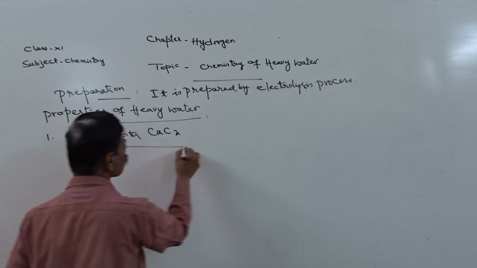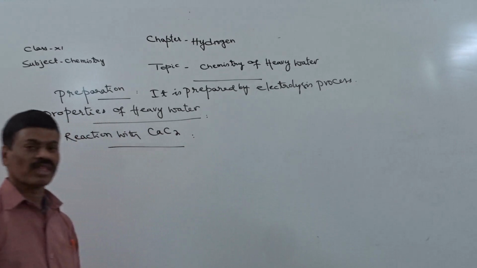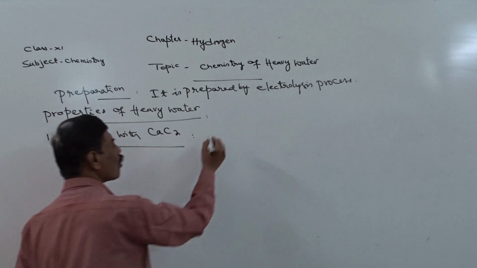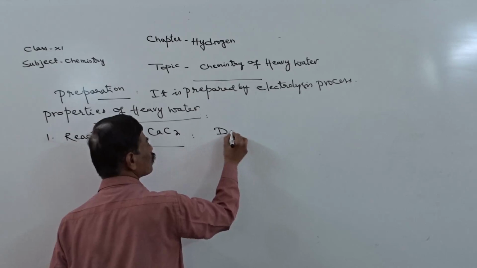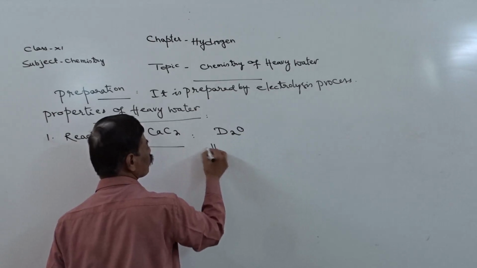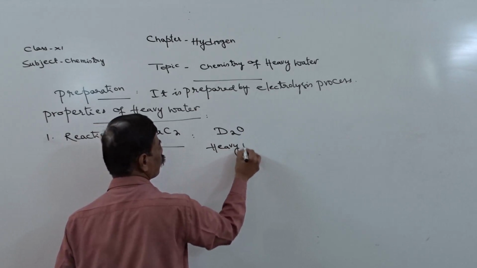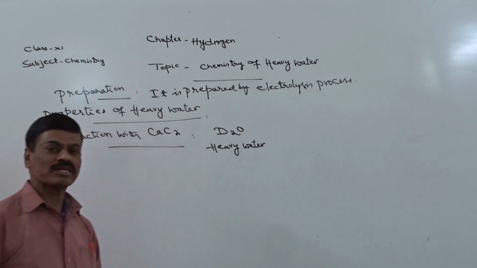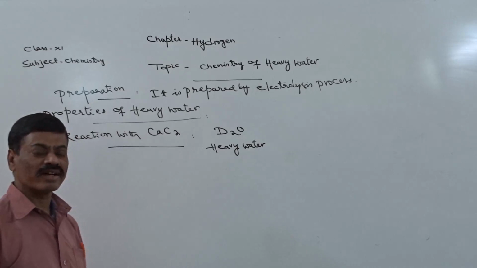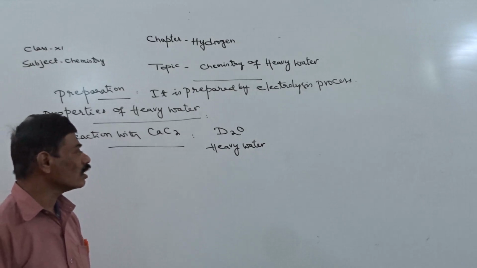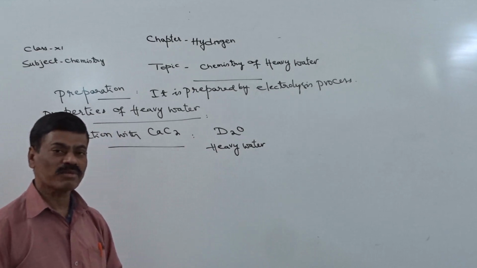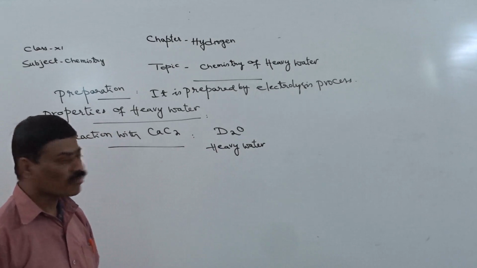Reaction with calcium carbide. When heavy water or di-deuterium oxide, this is heavy water, because mass of deuterium is double to that of hydrogen. That is why it is said to be heavy hydrogen or deuterium. So when it is there in combination with oxygen chemically, it is said to be heavy water.